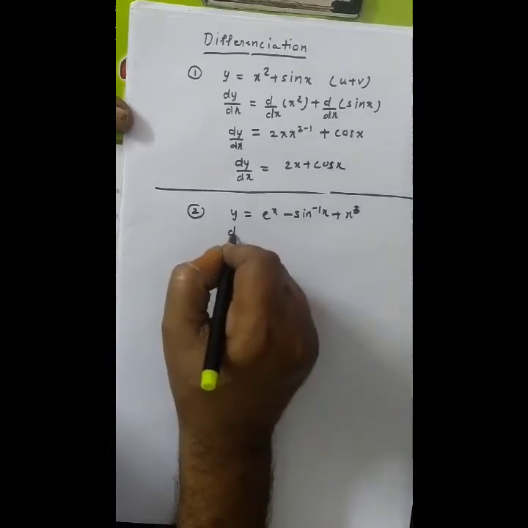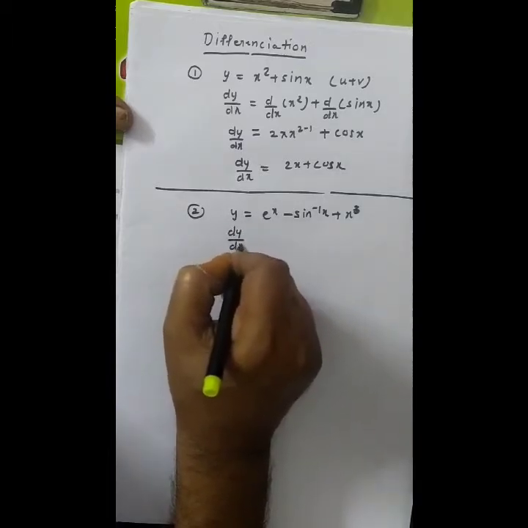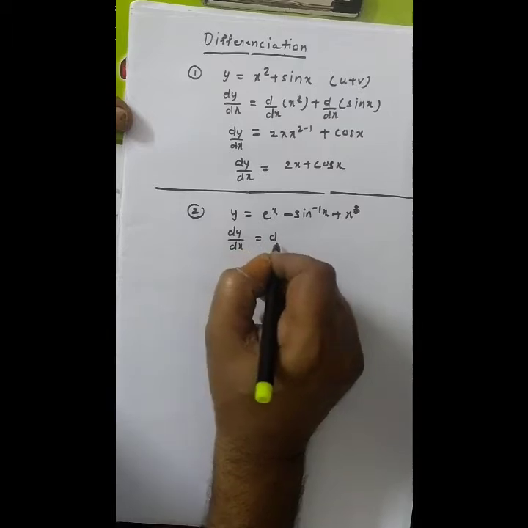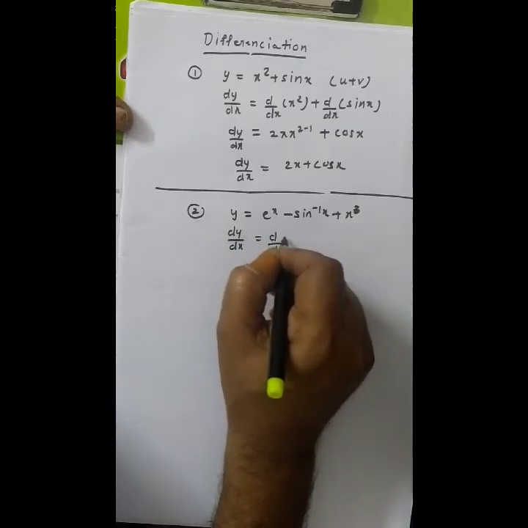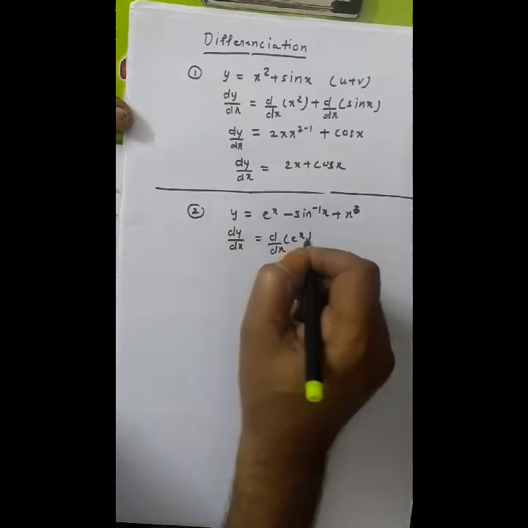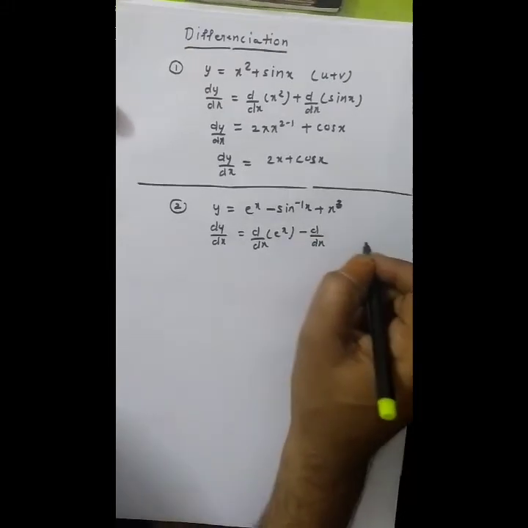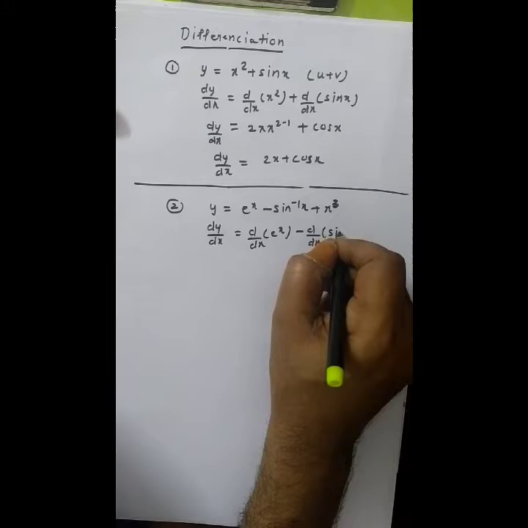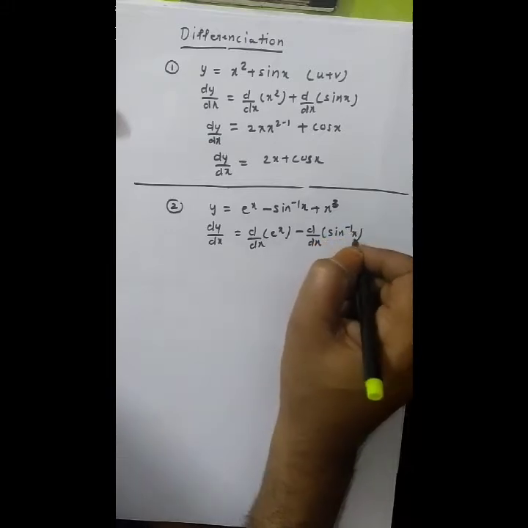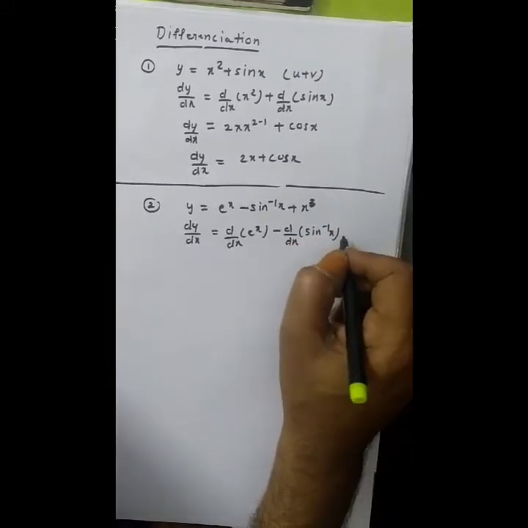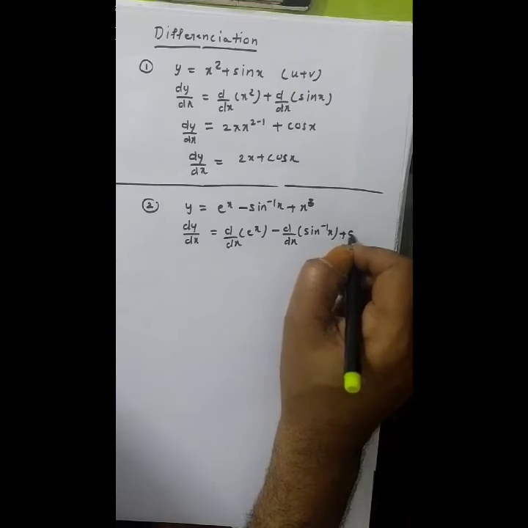So dy by dx is d by dx of e raised to x minus d by dx of sin inverse of x plus d by dx of x cube.